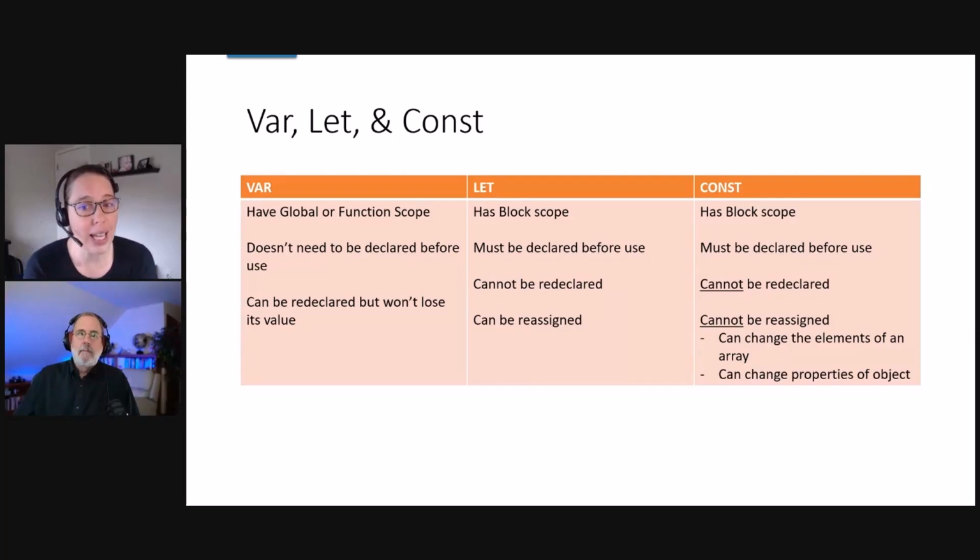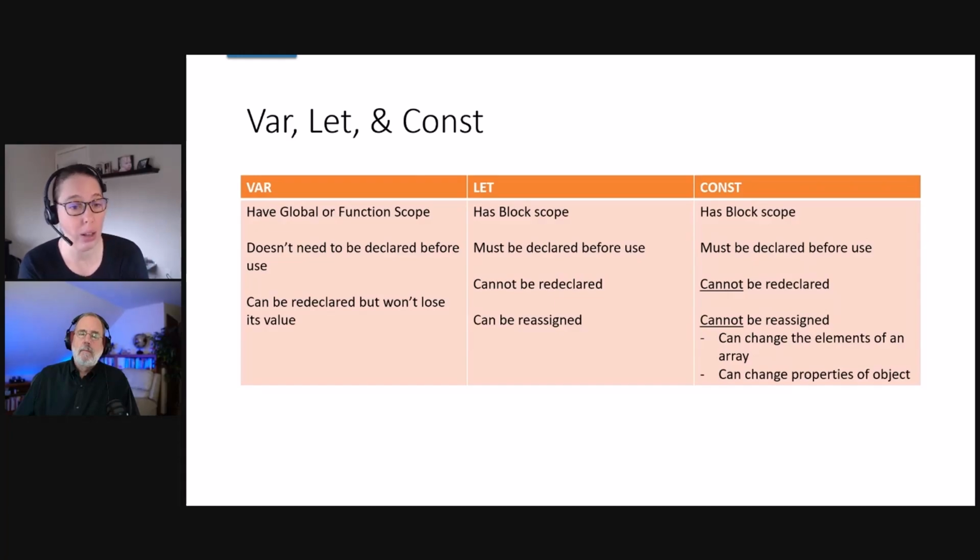In the case of let, it can be redeclared. And so you can redeclare it in another spot. A const cannot be redeclared. So, you can start over essentially with declaring that same variable name over again. With let, also, you can reassign it.